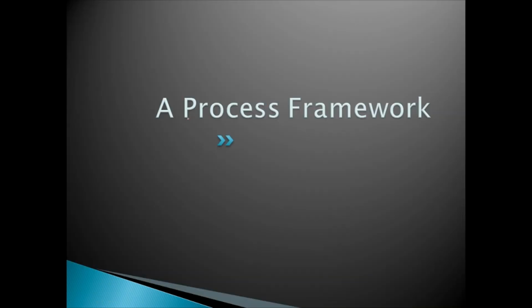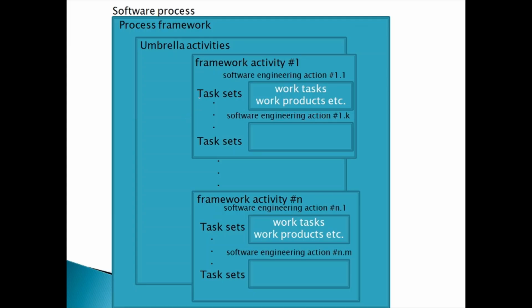Now, what exactly do we mean by a process framework? As you can see here, we talk about a software process consisting of a process framework, with umbrella activities going side by side, and here you can see the framework activity.